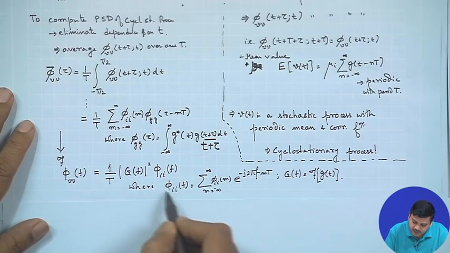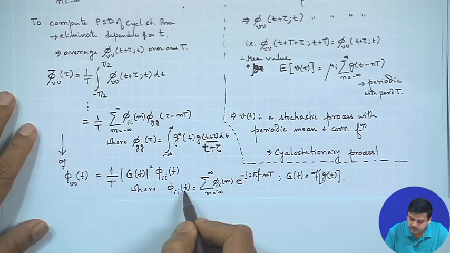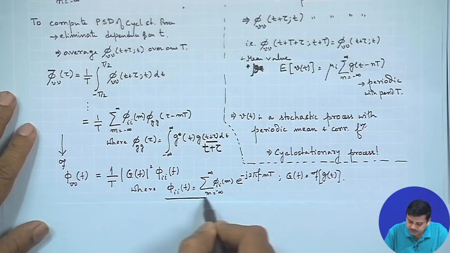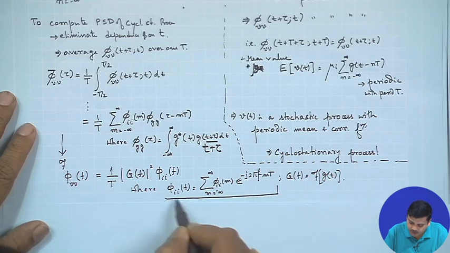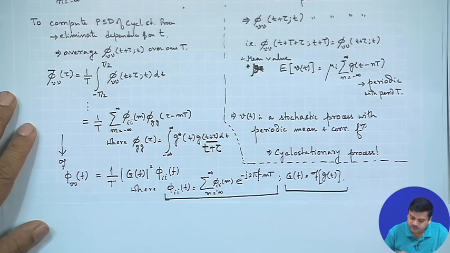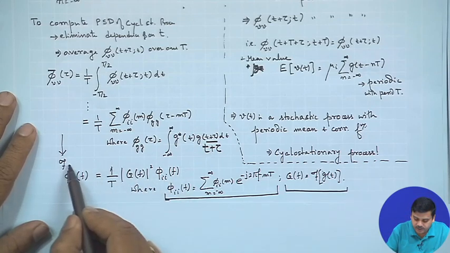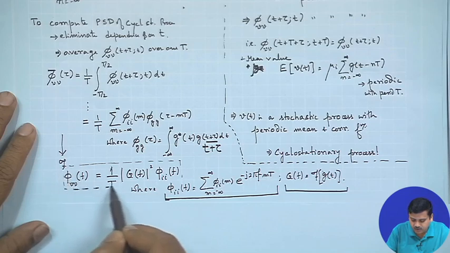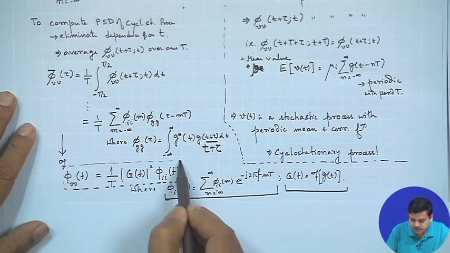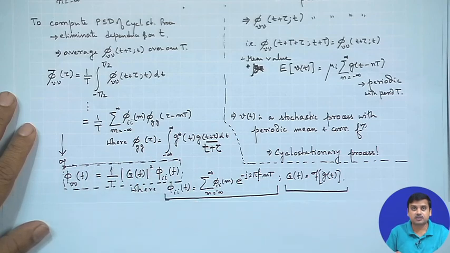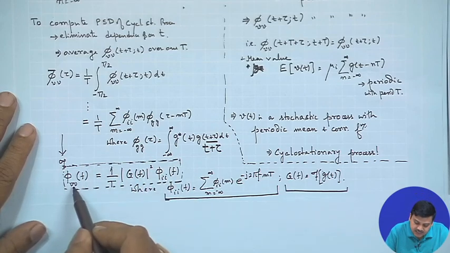So, phi I of f you would write as the expression given here, and G of f is the Fourier transform of g of t. So, this would be the typical structure of the spectrum of the low pass equivalent stochastic process, or the PSD of the low pass equivalent signal.